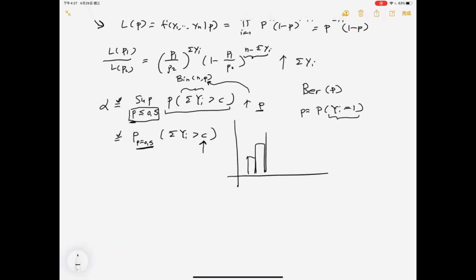If you have your null distribution like this, for example Bernoulli n, 0.5, that's why summation xi follows it.